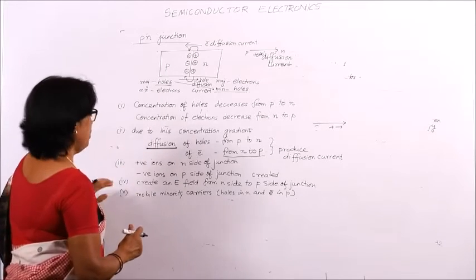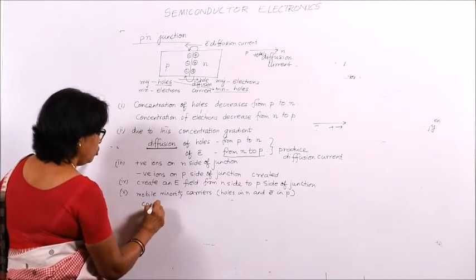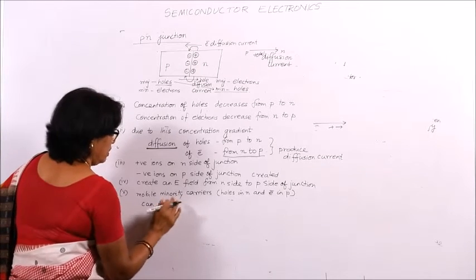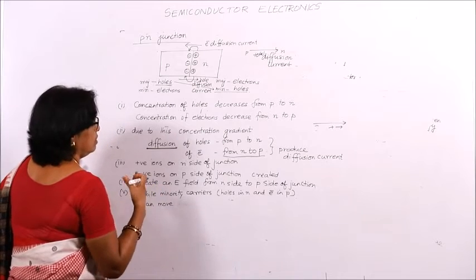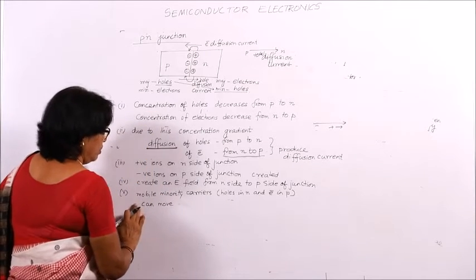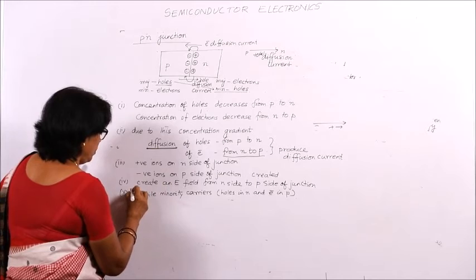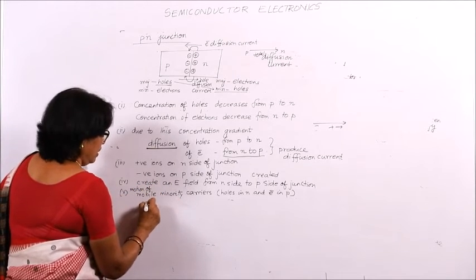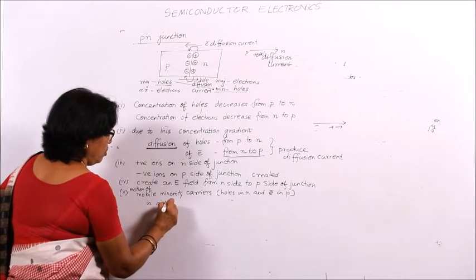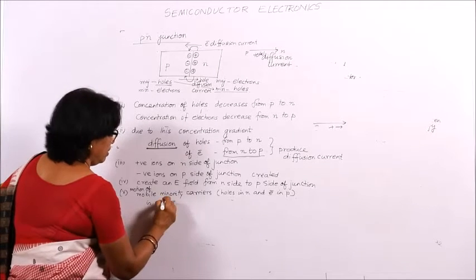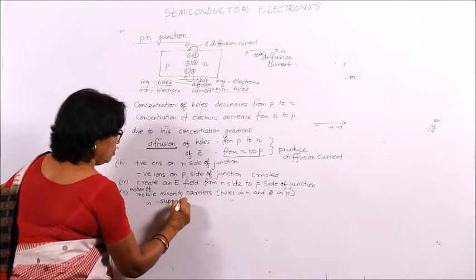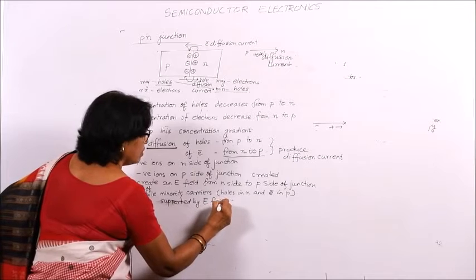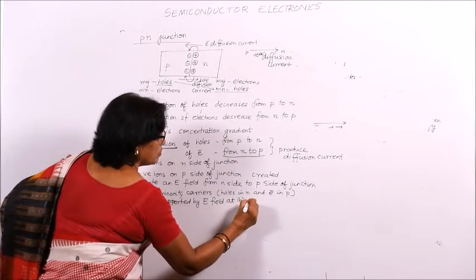These mobile minority carriers can move, and their motion is aided or supported by the electric field at the junction.